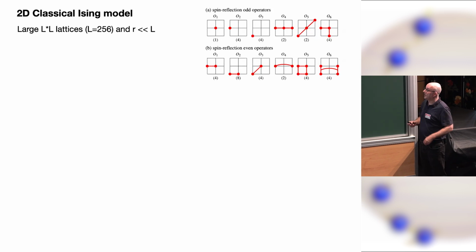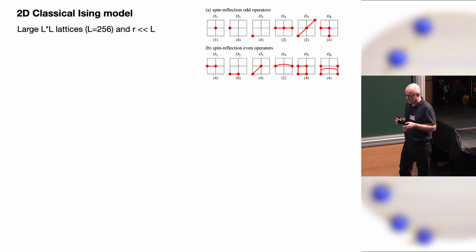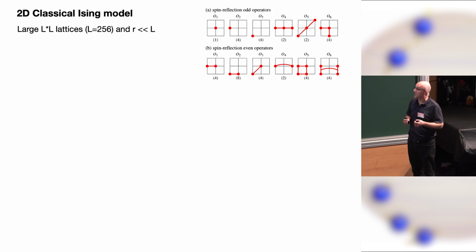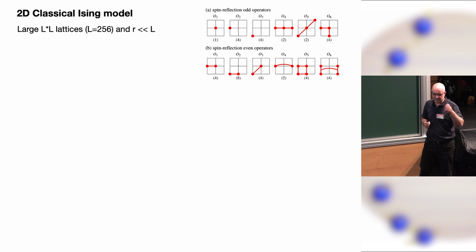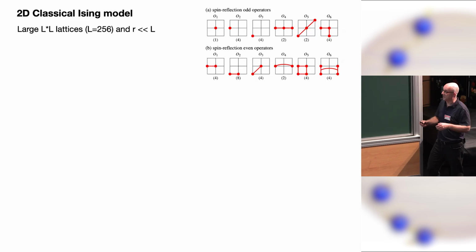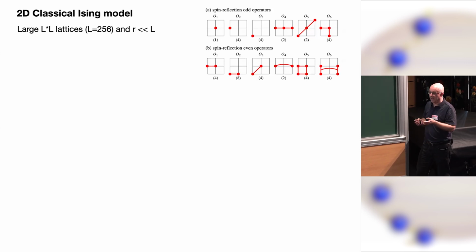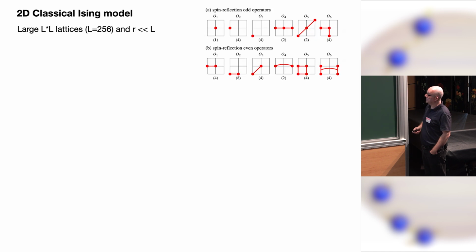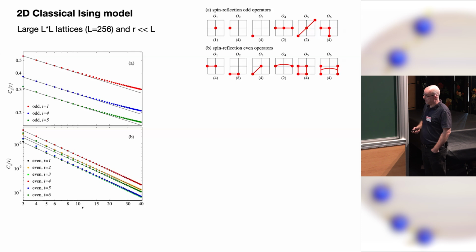But this other application of covariance matrices doesn't rely on what geometry you are in. So now we'll just look at the 2D classical Ising model, which is just, of course, the same as the model I just showed, but in periodic L by L lattices. So that it's not like this long imaginary time dimension. It's just two equal space dimensions. And these, again, are the operators I use.